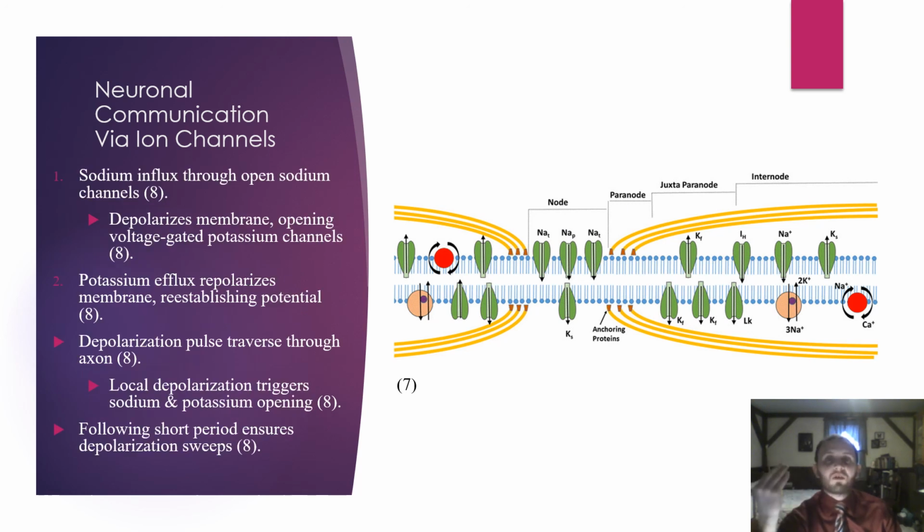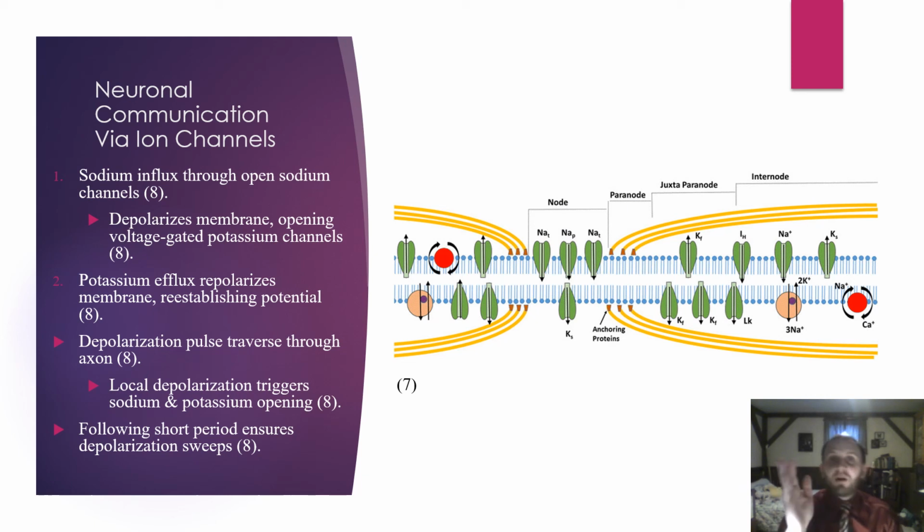Okay, so real quick here, we're going to wrap this up. The influx of sodium through the open sodium channels depolarizes the membrane locally. This causes voltage-gated potassium channels to open up. The resulting potassium efflux repolarizes the membrane locally, reestablishing the inside-negative membrane potential.